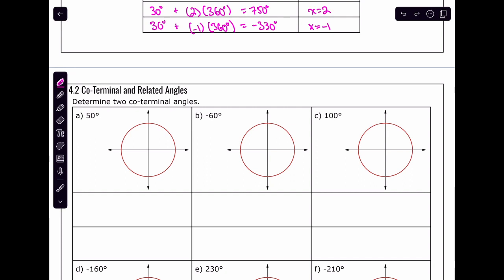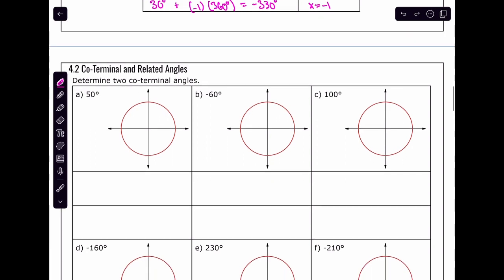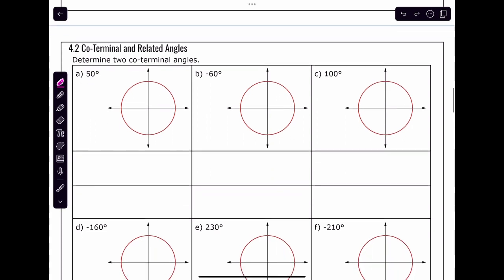So let's do an example. We'll start with 50 degrees here. This is going to be in the first quadrant around here. And so if I want to determine two coterminal angles, I can start with 50 degrees.